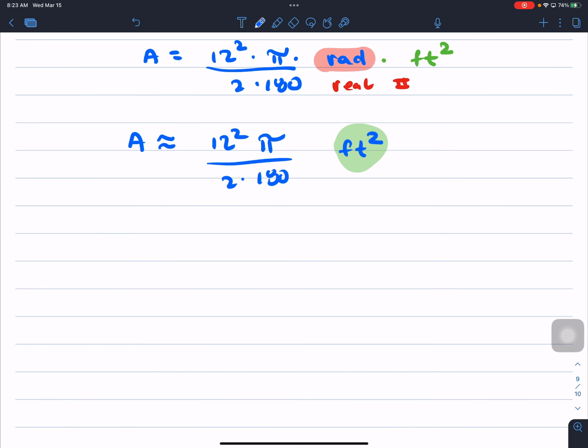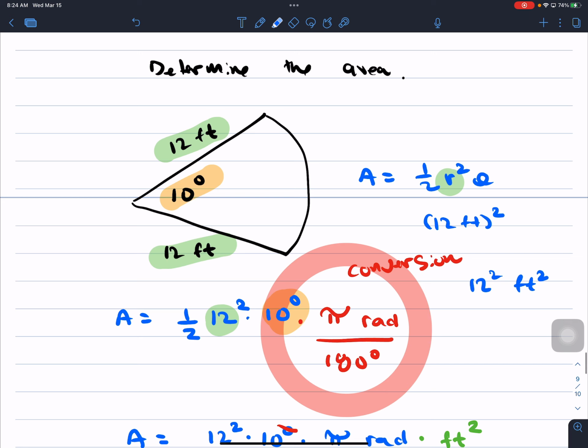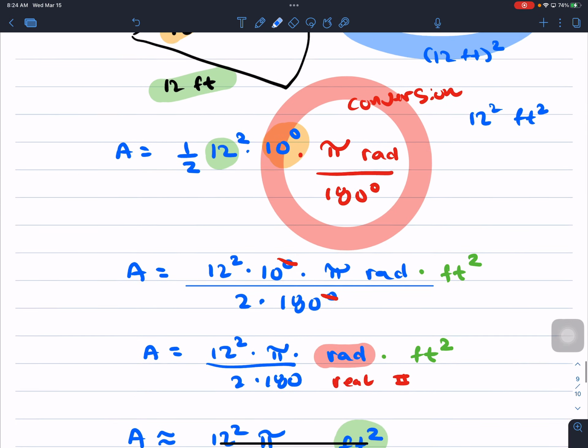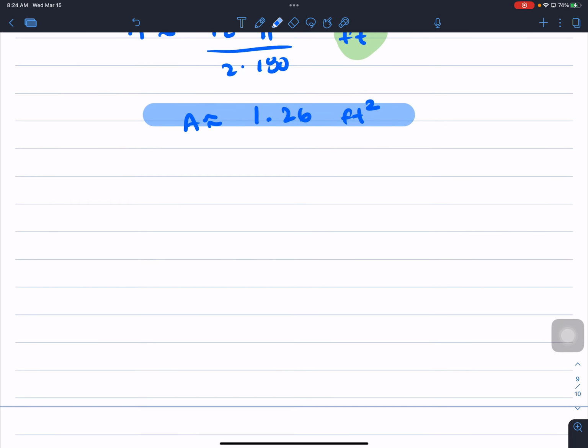Our area is going to be what? I think it's 1.26. Is that right? Feet squared? So we can actually compute the area using what? Your area formula. This is area for a sector. Okay, you guys okay with that?